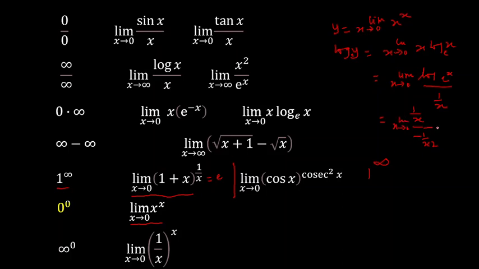So it is x tends to 0 limit minus x, so the limit will be 0. Now log y is 0. Therefore y is equal to e to the power 0, that is 1. And this limit is determined. So we have seen the 0 to the power 0 form.